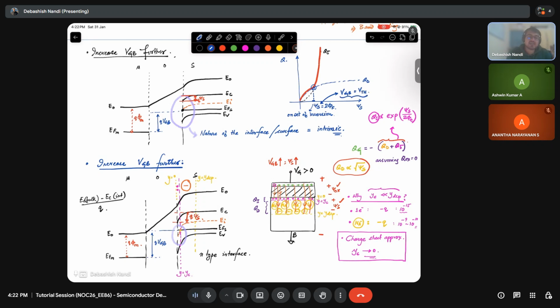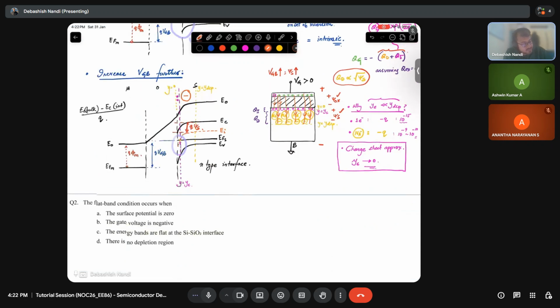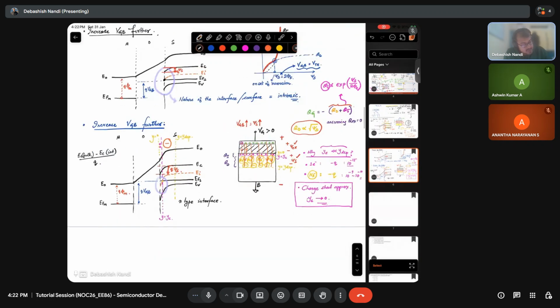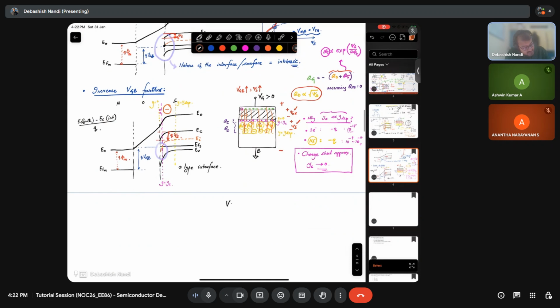That means threshold voltage is that gate to body voltage beyond which my inversion charge will be much more than my depletion charge. Okay. And what is the consequence? Consequence is that after some time, let's say my VGB is now greater than VTH, the threshold voltage.